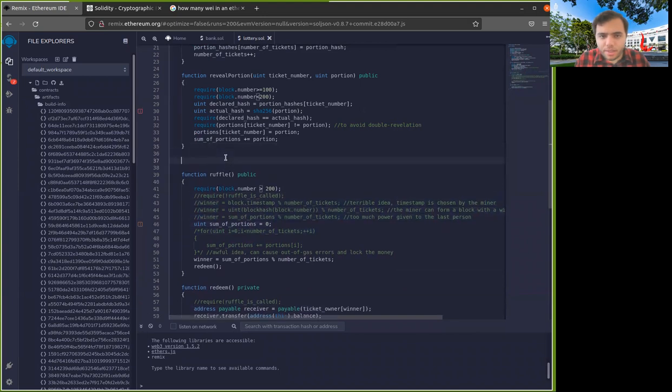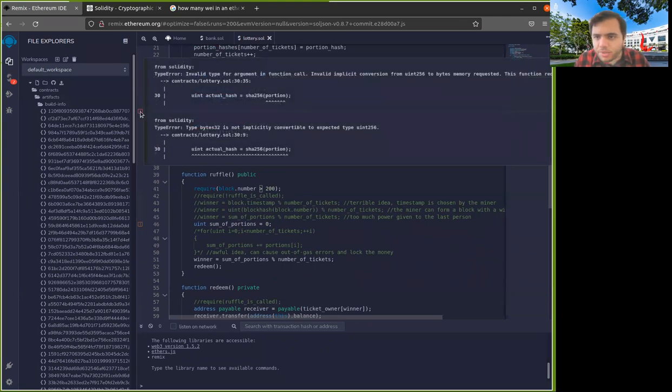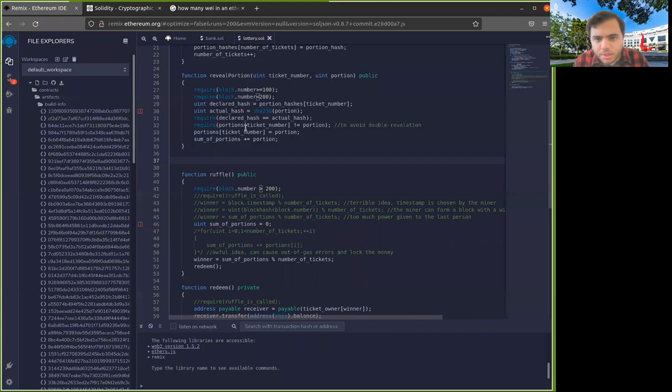Okay. Again, we have a type problem here. If you go over this, it tells you which types you have to use. So you have to use bytes32, and what I can do is convert this to bytes and then convert the result to uint.